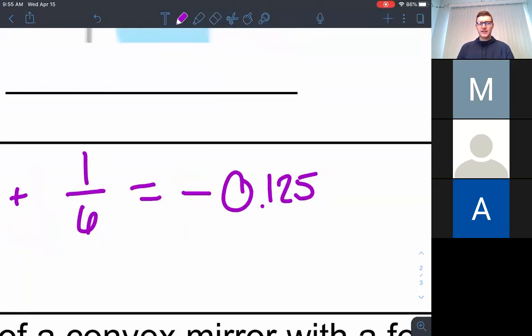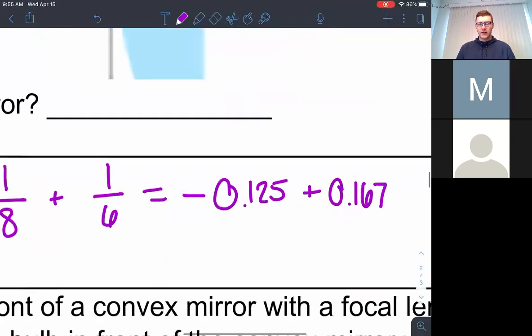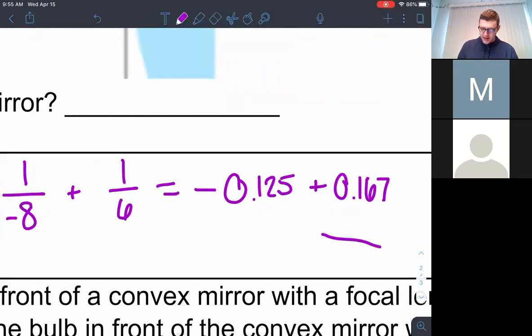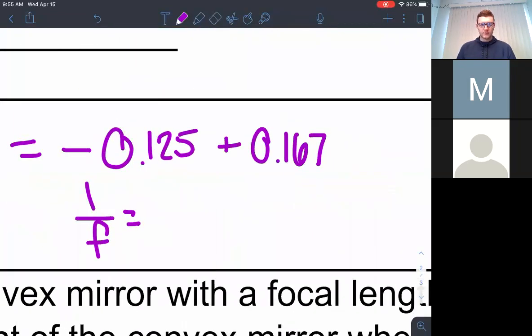Perfect. And then what is 1 divided by 6? 0.16 repeating 7. We're just going to round to 3 decimal points again. Now we're going to add those two numbers together to find out what 1 divided by F is going to equal. 0.042.